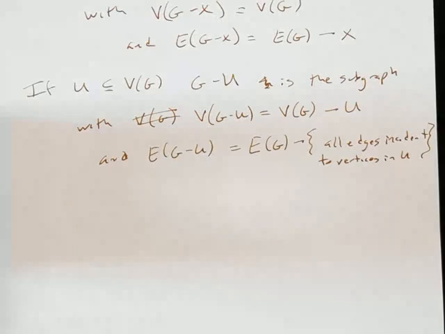So I can take away an edge without changing the vertex set, but I can't take away a vertex without changing the edge set, unless that vertex had nothing connected to it at all in the first place. If I have a vertex that doesn't have any edges, and I take it away, I don't change the edge set. If you've got anything connected to that vertex, you take the vertex away, the edge can't just float out there. It isn't like a hair or a cilia on some cell, right? No, it goes.